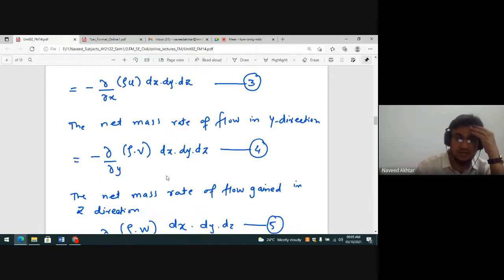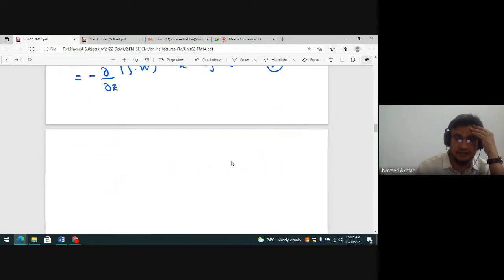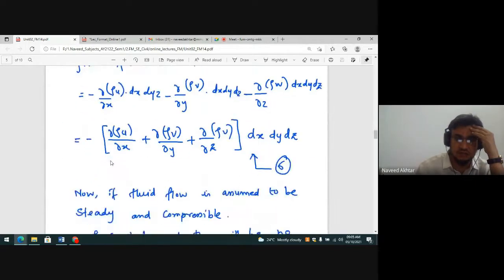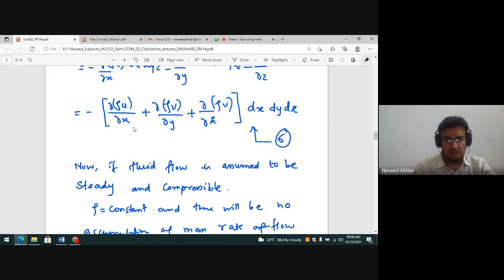And similarly for the net mass rate of flow in y direction and z direction, we have written, and then we come to a point that dou rho u by dou x plus dou rho v by dou y plus dou rho w by dou z into dx dy dz. It is nothing but your continuity equation in the three-dimensional flow.